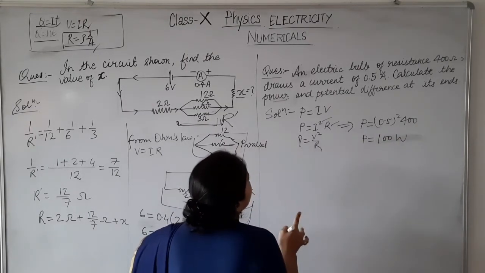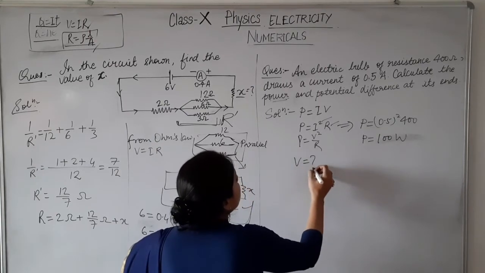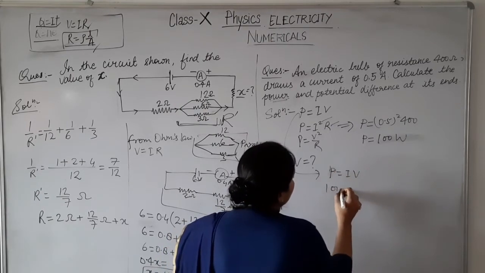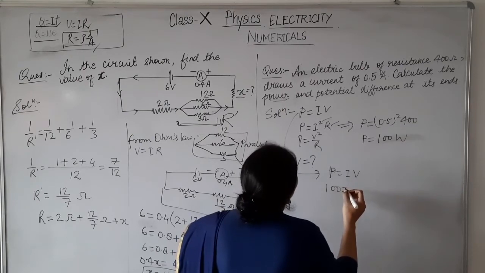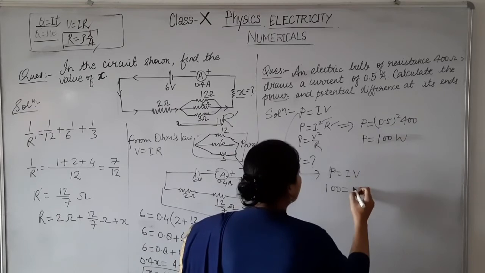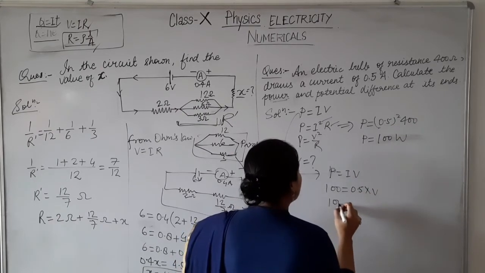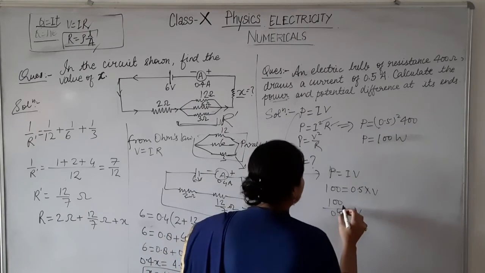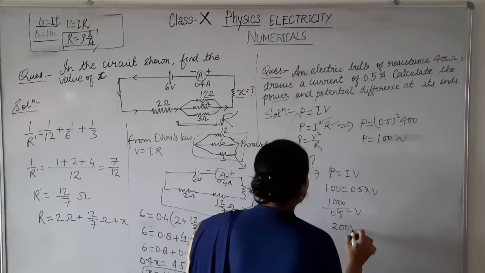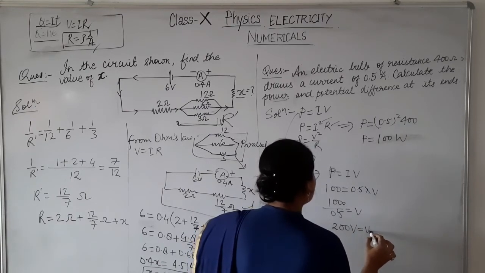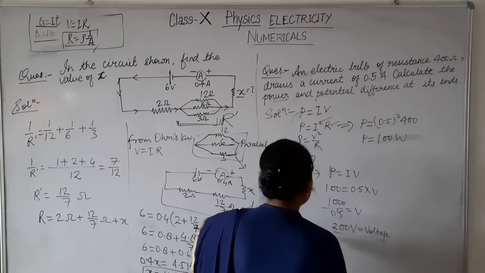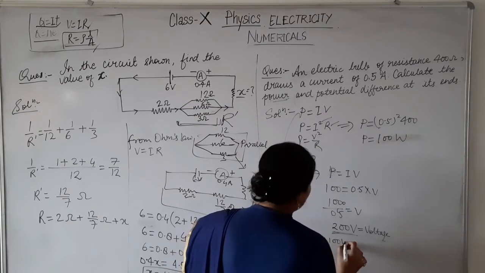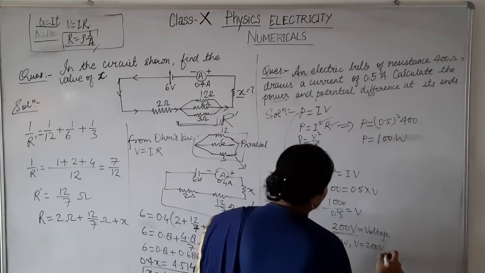Now power is given, potential difference is being asked, means V is to be found. Using the relation power is equal to IV, power we have 1 watt, I we have 0.5, and we have to find V. So 1 upon 0.5 is equal to V, and 2 volt is the potential difference. So the answer will be P is equal to 1 watt and V is equal to 2 volt.